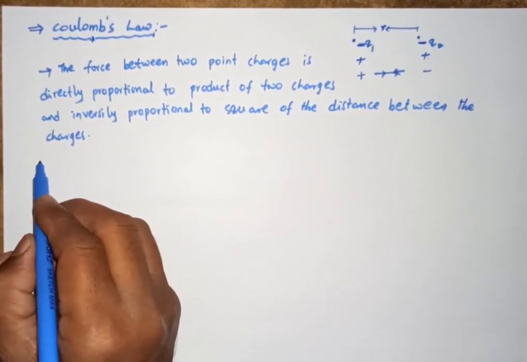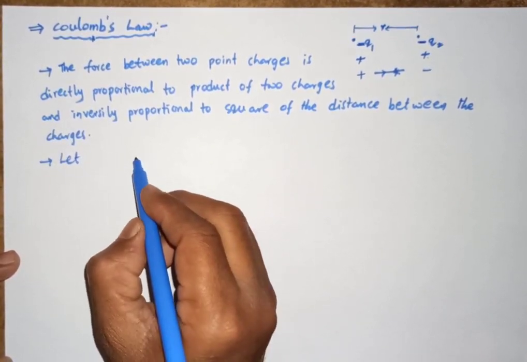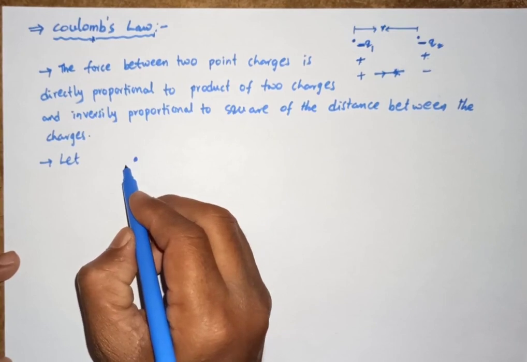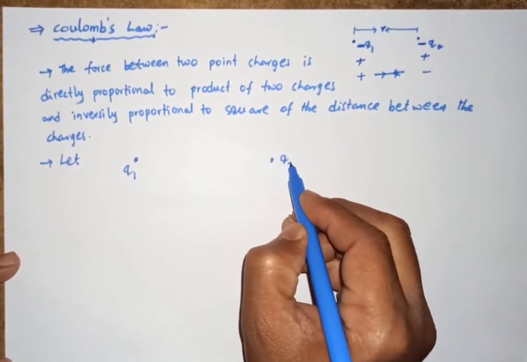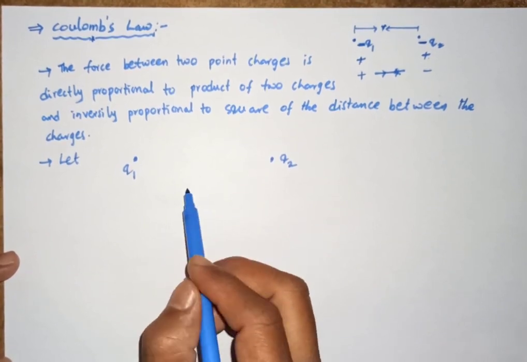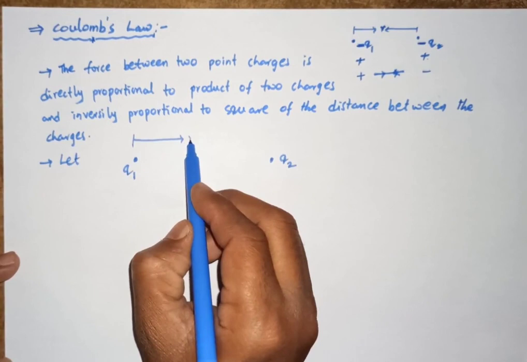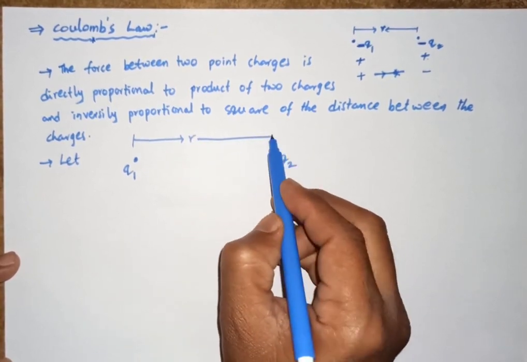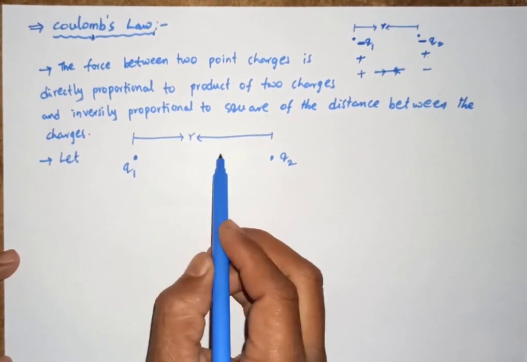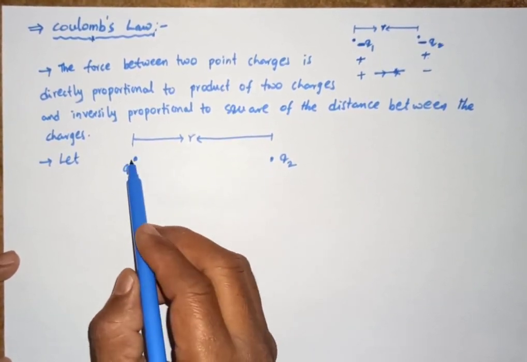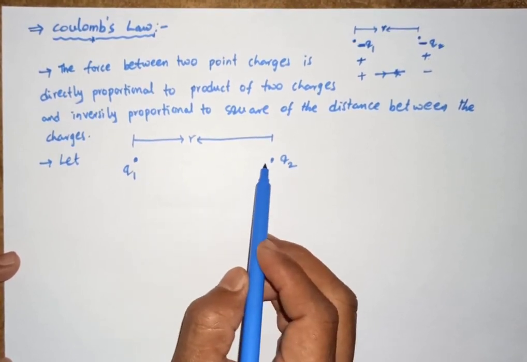So for example, let us consider two point charges Q1 and Q2. The distance between the two point charges we have taken as r. The force is attractive for unlike charges and repulsive for like charges.